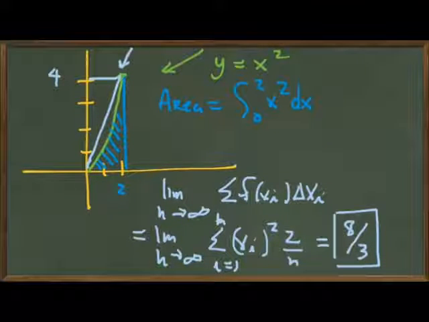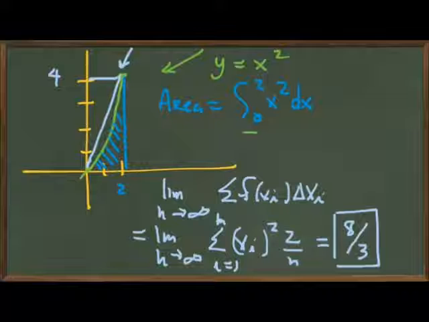The definite integral only gives the area when the function is above the x-axis, as it is in this case. But the area is the definite integral between the two x values, 0 to 2, of the function, and the function is x squared.